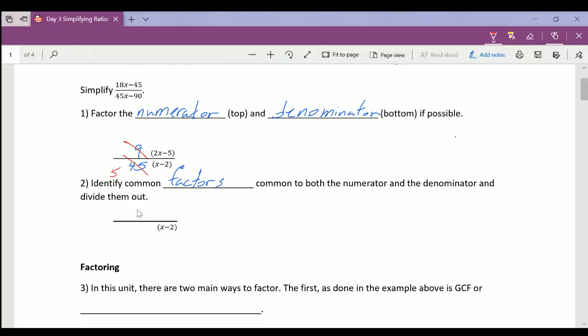So up top, there's nothing but the 2x minus 5 remaining. You can have that in parentheses or not. It's your choice. And then there's a 5 on the bottom. Okay, and that is it. That's fully simplified.